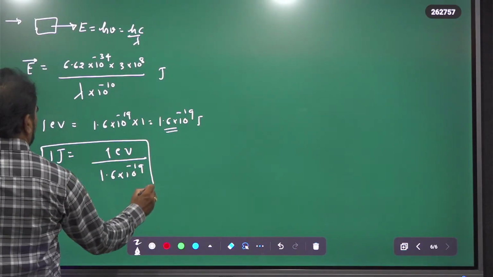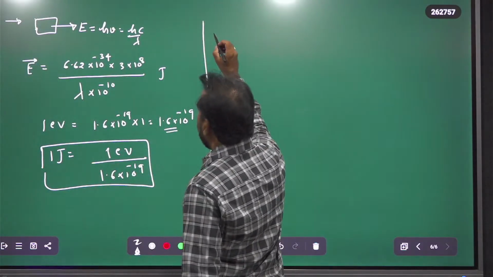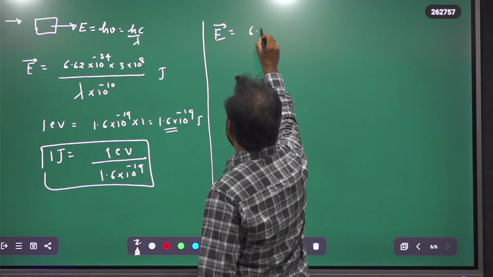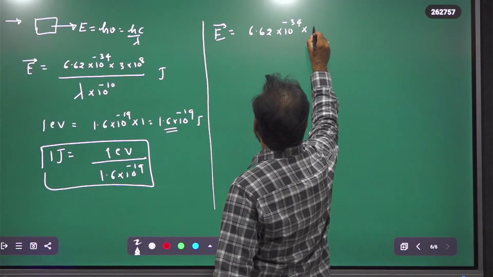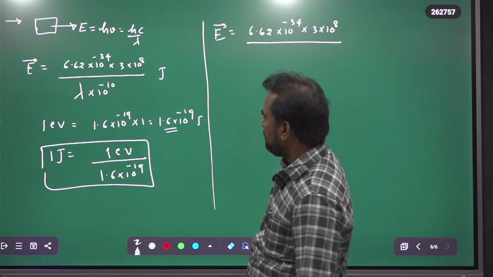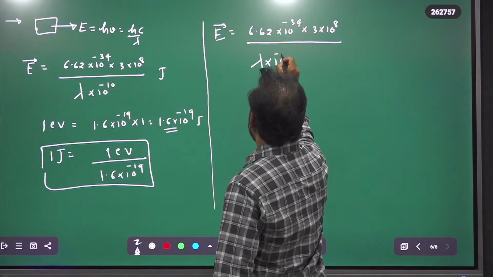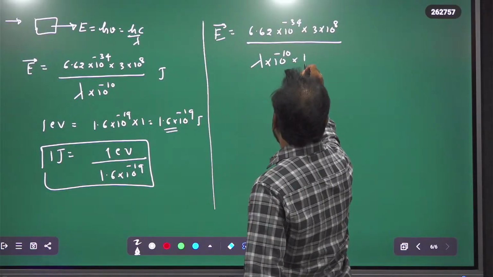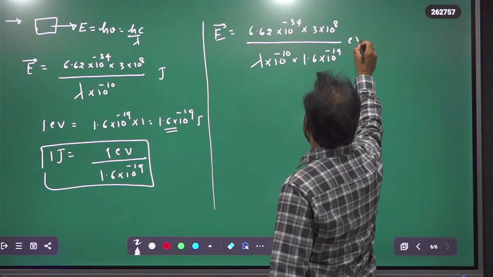Then what you will get, see here: E, the energy of a photon, would be 6.62 into 10 to the power of minus 34 into 3 into 10 to the power of 8 upon lambda in angstroms, lambda into 10 to the power of minus 10 angstroms, into joules. We have converted it into electron volts by dividing by 1.6 into 10 to the power of minus 19.